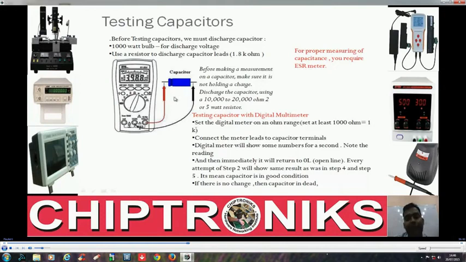So at time t equal to 0, with the multimeter in continuity range, what happens in continuity range? The digital multimeter drives a small current. This small current will move across this capacitor, and resistance is measured over here. This capacitor will provide less resistance initially, but after some time it will go to infinite resistance.